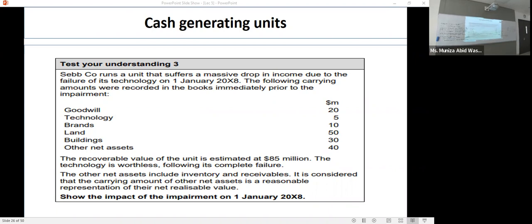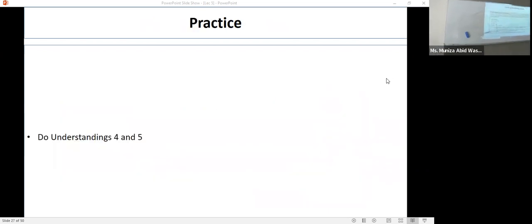How are we going to show the impact of the impairment? Yes, students, shall we move on?